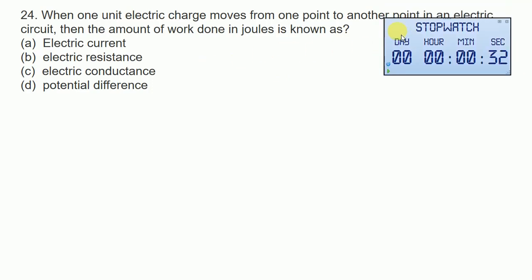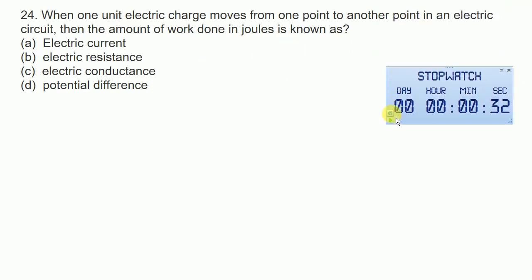Now again, when one unit electricity moves from one point to another in electric circuit, then the amount of work done in joules is, how much? Potential difference. D option is the correct one.